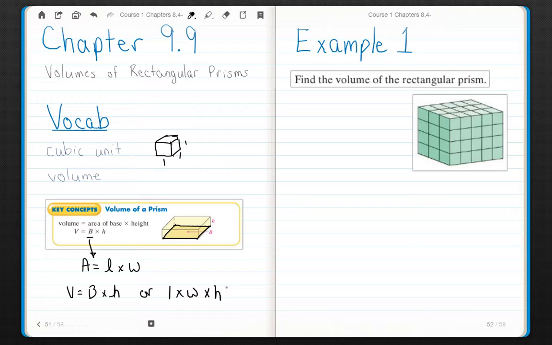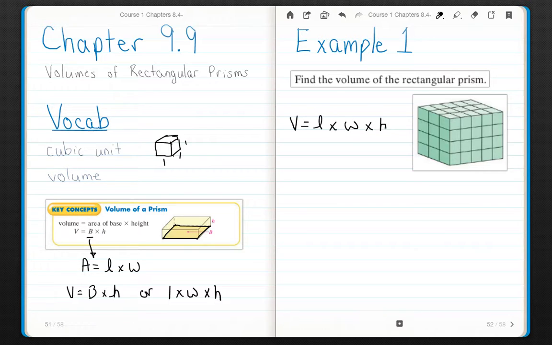So let's take a look at example 1. Find the volume of the rectangular prism. So I like to use volume equals length times width times height. So looking at my rectangular prism here, I'm just going to count the cubes. So I have 1, 2, 3, 4, 5.